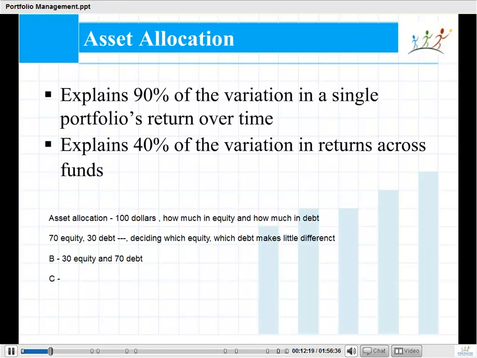Portfolio C also has 70 equity and 30 debt. However, the 70 equity and 30 debt is some different instruments. So even in equity, I have an option to invest in different stocks. So they have different instruments than portfolio A.